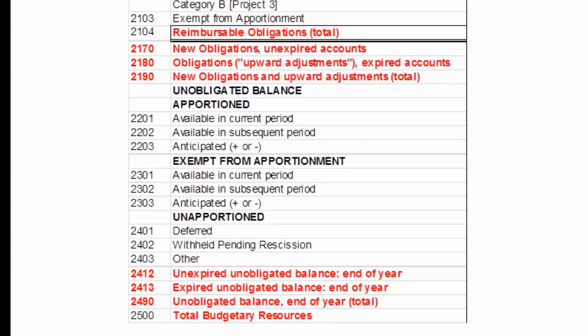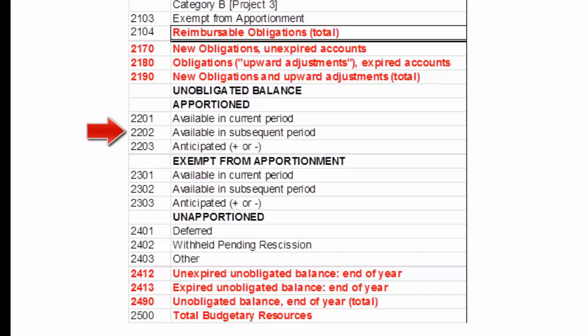The status of resources has to equal the resources. Line 2201 reflects the amount that's apportioned, but unobligated, and available for obligation in the current period. For example, if you were in the first quarter, the amount on this line would equal the amount apportioned for the first quarter minus the first quarter obligations.